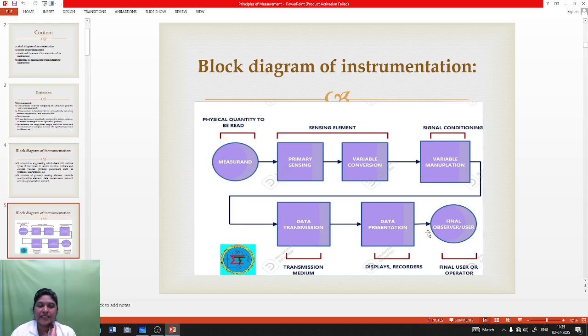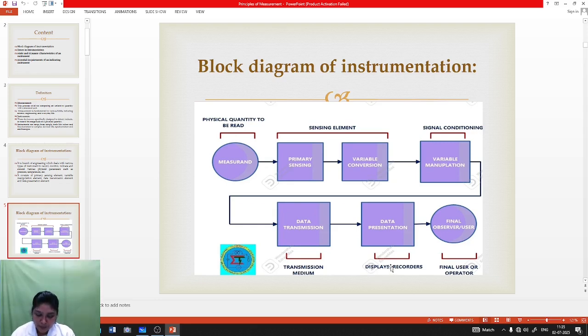The final stage is the terminating stage, called the data presentation stage. The transmitted data may be used by the system for monitoring, analyzing and controlling purposes. If the data is to be monitored, visual display devices are used as the data presentation element.